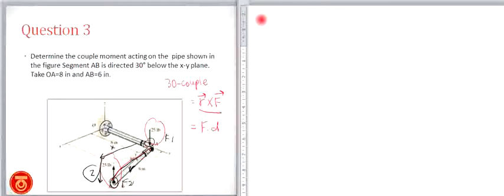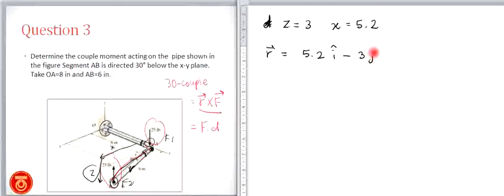So you have z equal to 3, x equal to 5.2, so the r is 5.2i minus 3k. And the F is 25k.